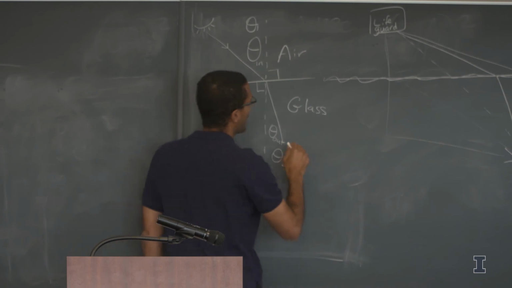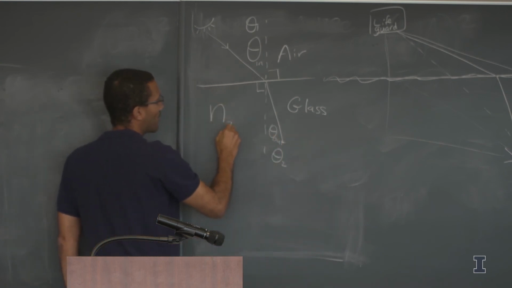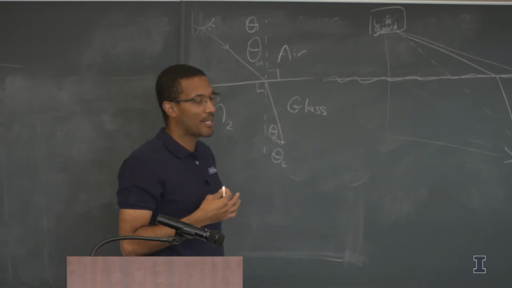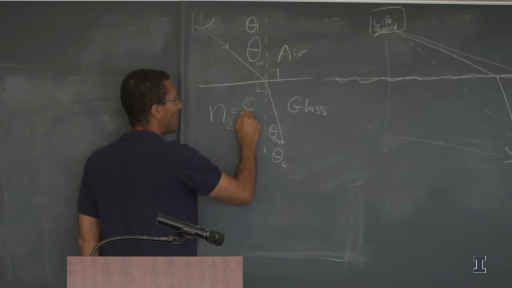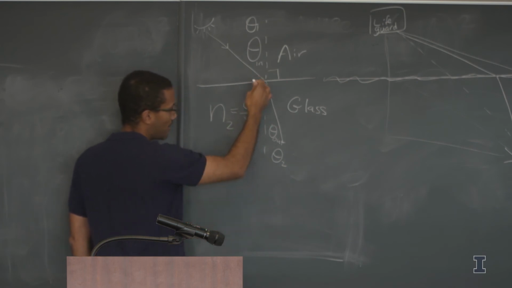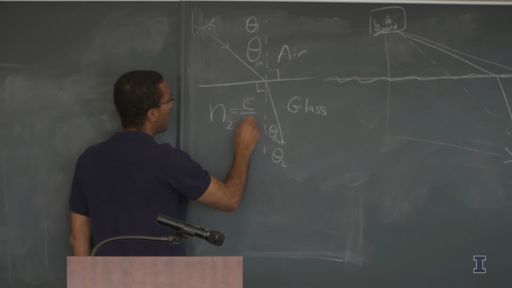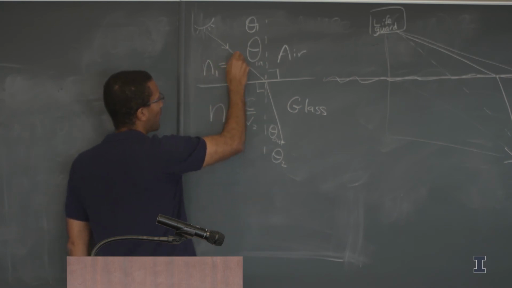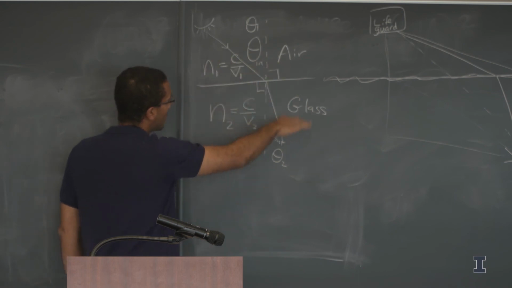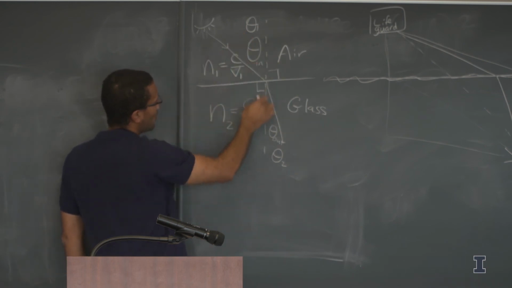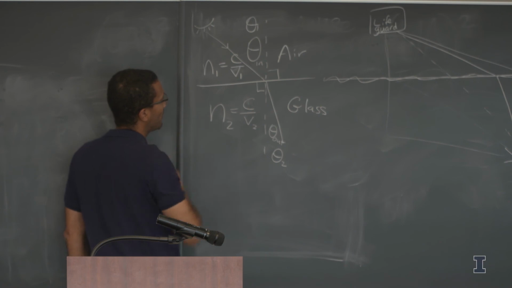The relationship says that if this material has a refractive index n2, where the refractive index is the ratio of the speed of light in vacuum to the velocity of light in this material, Snell's law tells us the relationship of these two angles in terms of these refractive indices.